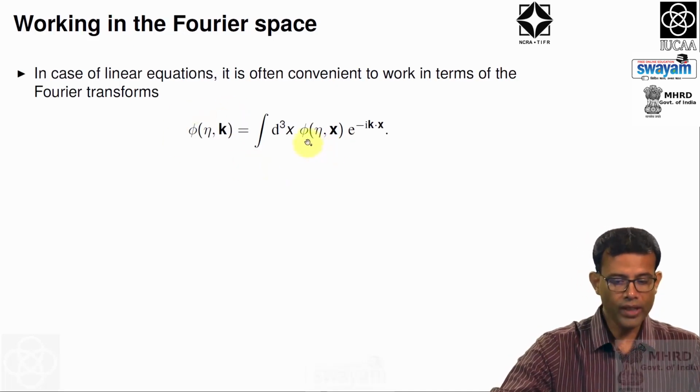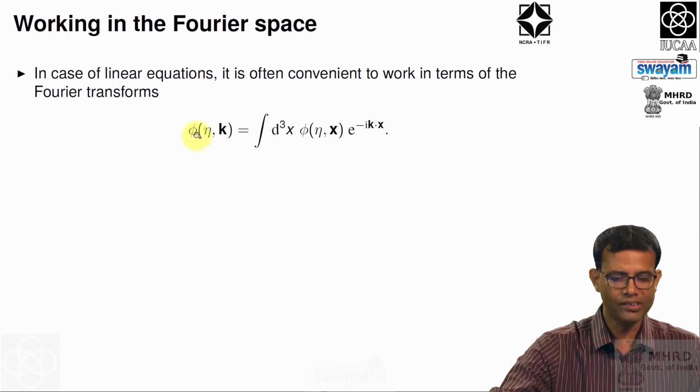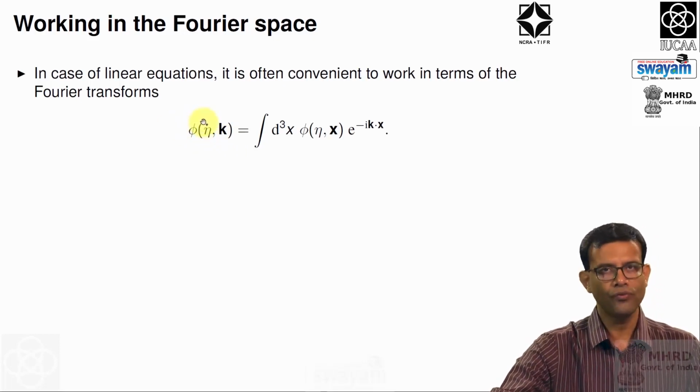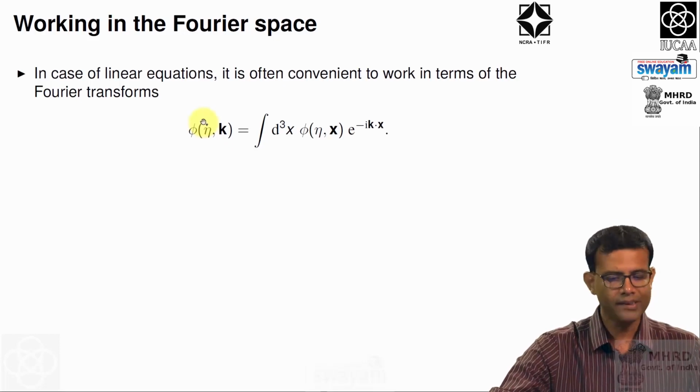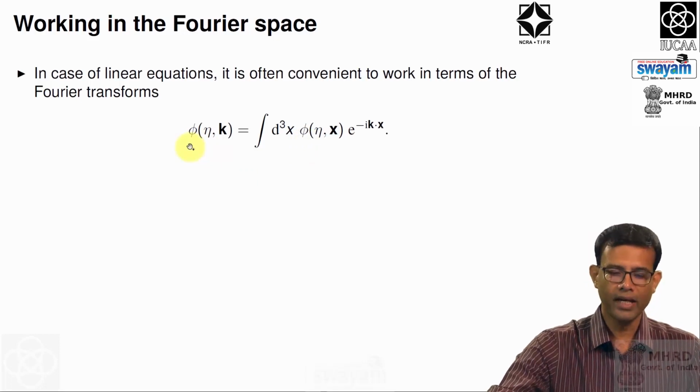The Fourier transform of phi, which is a function of eta and x, I still call phi, but now it is a function of eta and k. Ideally, one would have written this as phi tilde or something, but since once we move to Fourier space we will stick to Fourier space, there will not be any confusion between this phi and that phi. So, we will just use the same notation.